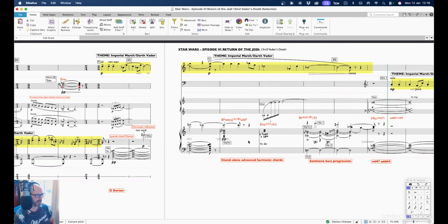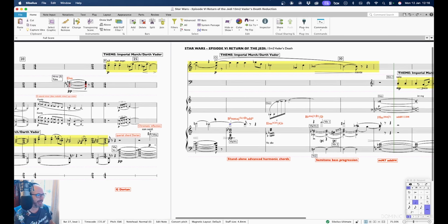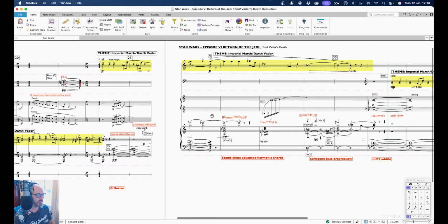So again, a sort of very advanced standalone sort of... Oh, no, sorry. It is... yeah. It's because that's still an E flat, and we've still got an A at that point, so that's why there's a major 7th as well. So, yeah, interesting.